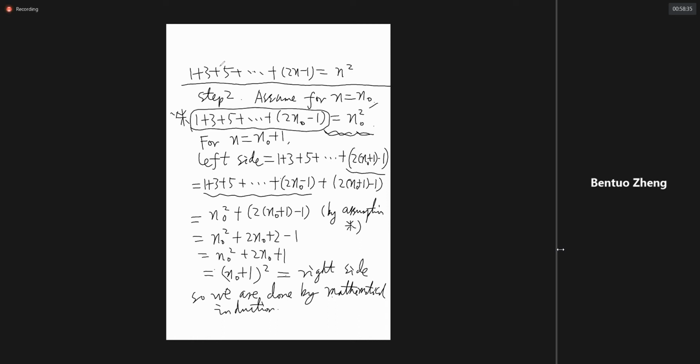Okay, so any questions about this proof? Okay, so let's look at one more example.